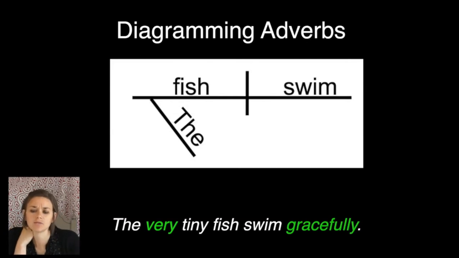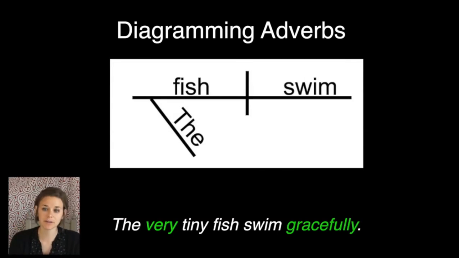Okay, let's look at the next word. The next word is very. Now, what is very doing in this sentence? Is very telling us about fish? The very fish? No, that's not right. Very is telling us about tiny. Tiny is not in our sentence diagram yet. So it's going to be easier to put very in our diagram after we have tiny done. So let's focus on the word tiny first.